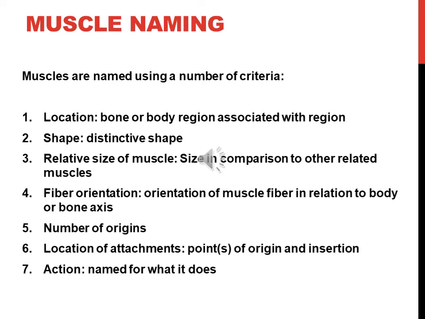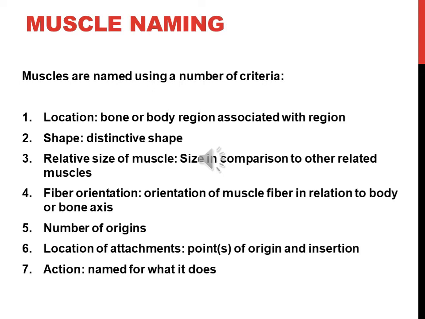Okay? The second is by shape. Oftentimes the muscles have a distinctive shape. Right? So the deltoid equals triangle, and the deltoid is triangular in shape. So that's also a nice way of thinking about that. The relative size of the muscle, or the size in comparison to other related muscles. So maximus, largest, minimus, smallest, longus, long, brevis, short, right?